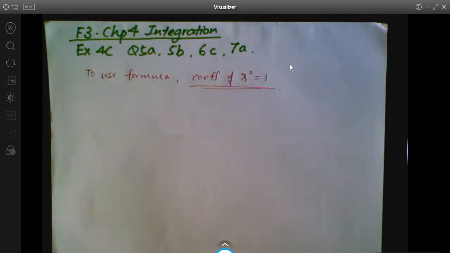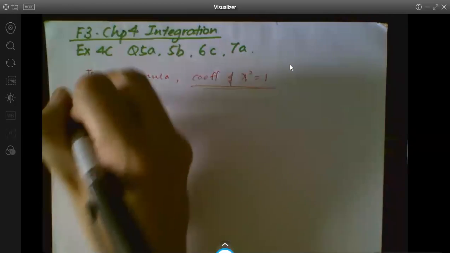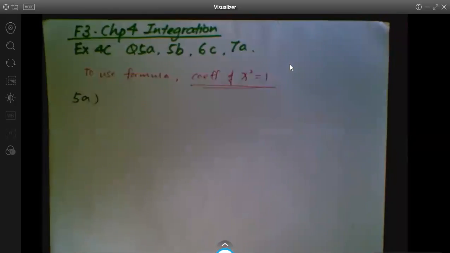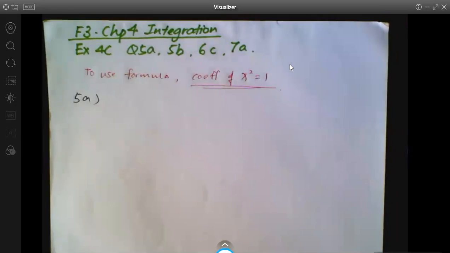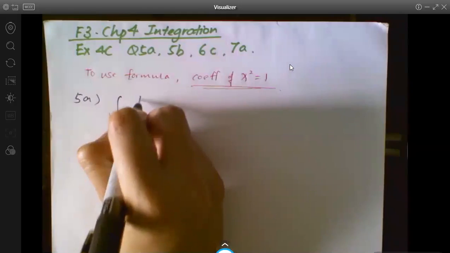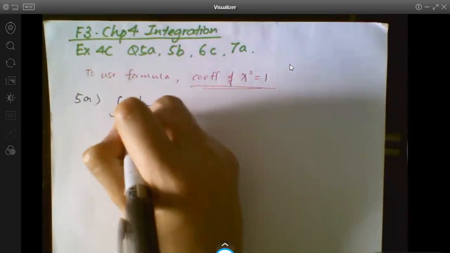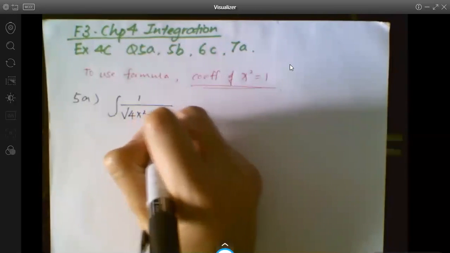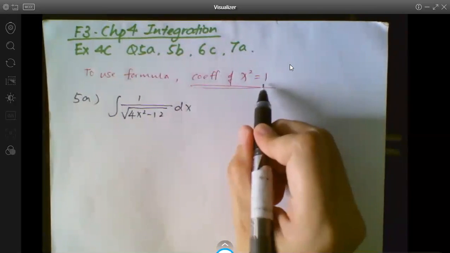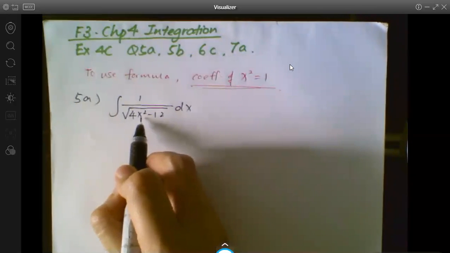Let us go to 5a. Exercise 4C, question 5a. Integrate 1 over square root of 4x squared minus 12 with respect to x. Let us convert the coefficient of x squared into 1.